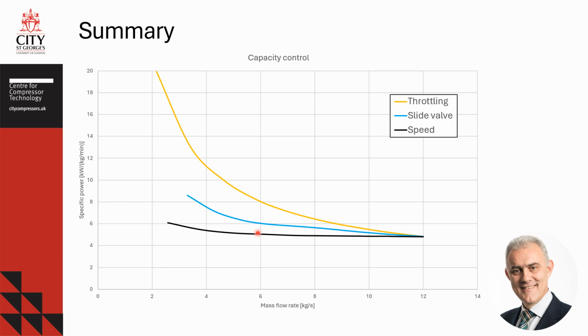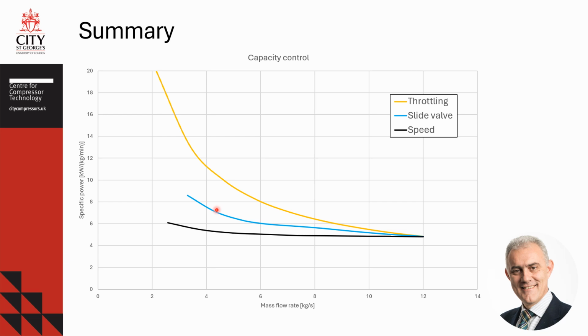Let's summarize. The most efficient capacity control is by variable speed, represented by the black curve in the diagram. The downside is that such systems require a variable frequency drive and appropriate motor, which could be expensive. Capacity control by a slide valve, represented by the blue line, requires a more complex design of a screw compressor and is less efficient than speed control.